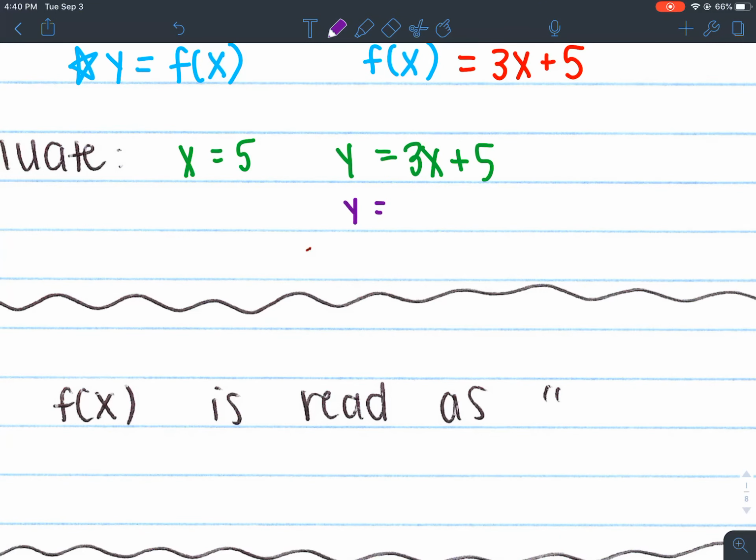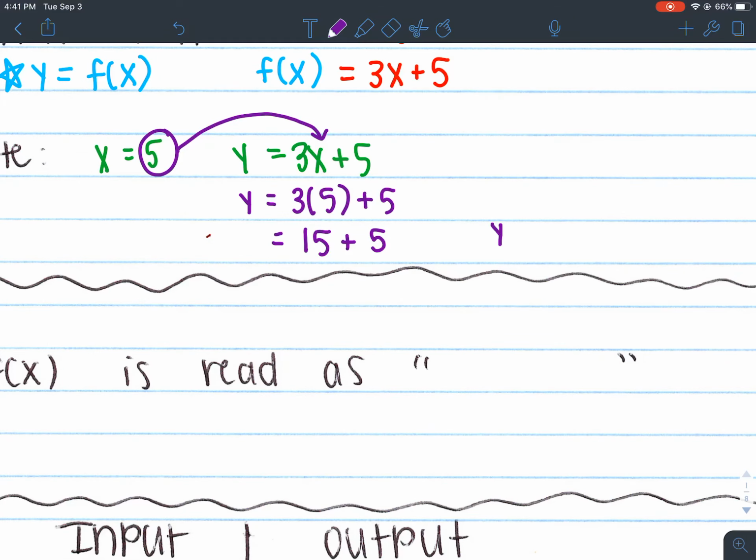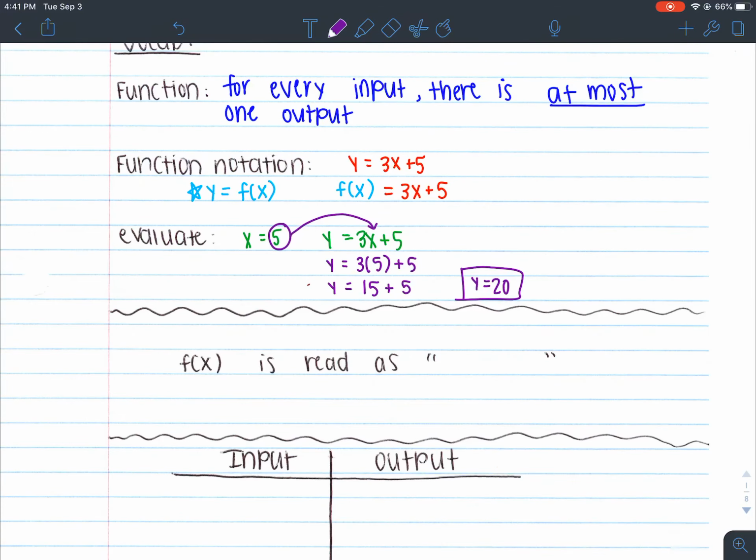So then I have y equals 3 times 5 plus 5. Then I have 15 plus 5, which gives me 20. So y equals 20. That's basically evaluating. Given something, I'm going to plug it in.